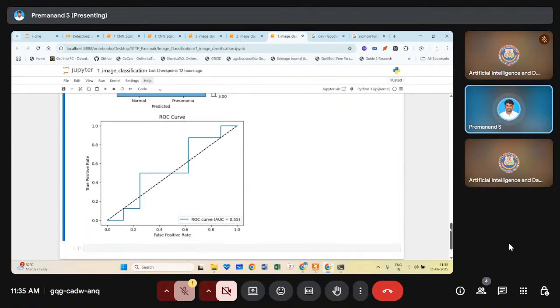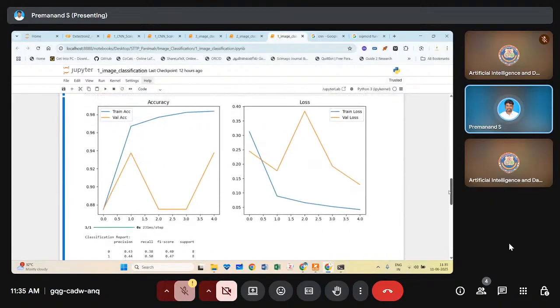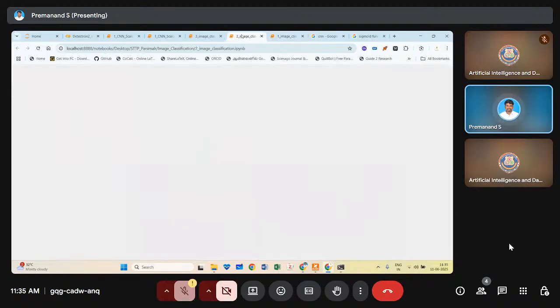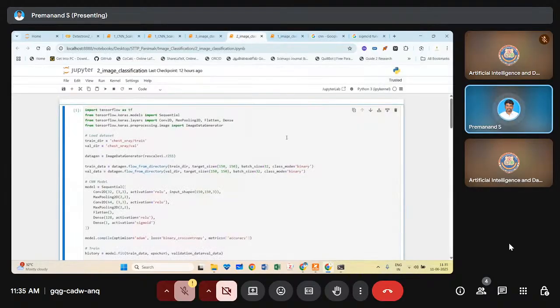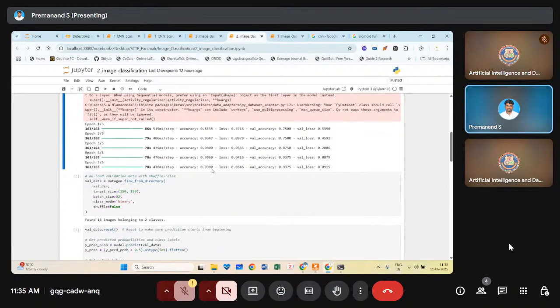Here, if you see the ROC AUC curve also, I'm getting only 55%. So with respect to many metrics, this particular model has low accuracy. So what I did is, for the same dataset, I did the same process, but in the shuffling part I set it to False.